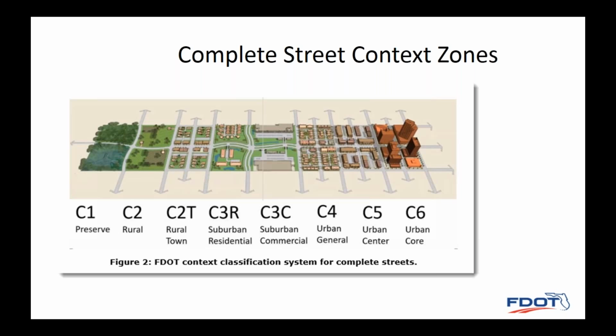But in addition, what we're seeing in terms of the state-of-the-art of thoroughfare planning is local governments are doing the same type of thing for their system, and then they're identifying a range of different cross-section types and designs for those different roadways.